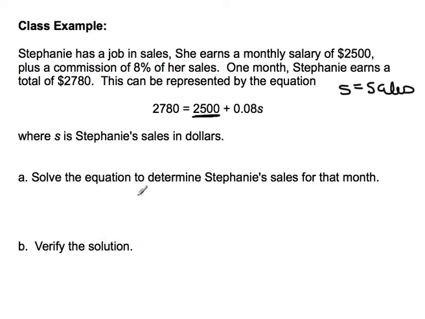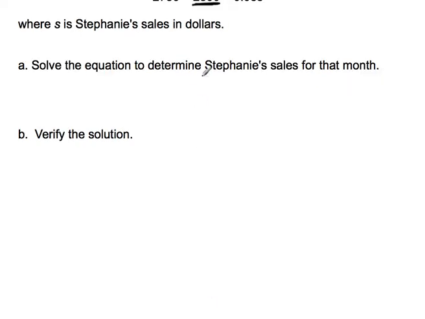So if I want to solve this, I'm going to subtract 2,500 from both sides. Let me just do this. So I'm going to rewrite it here. Okay, that's 0 decimal in there.